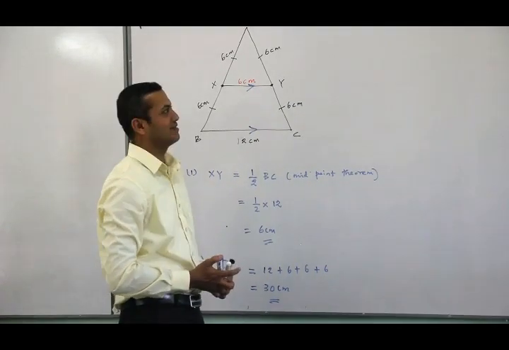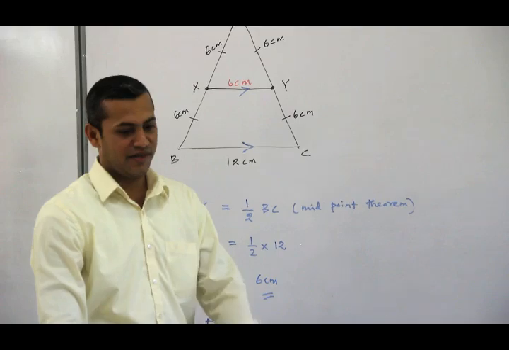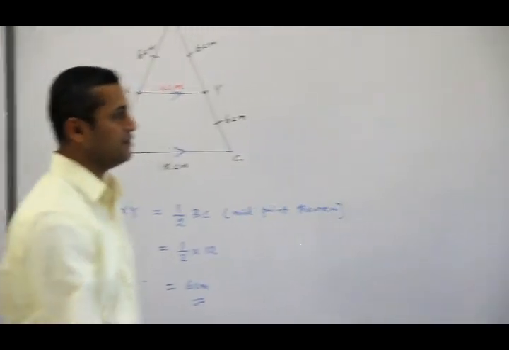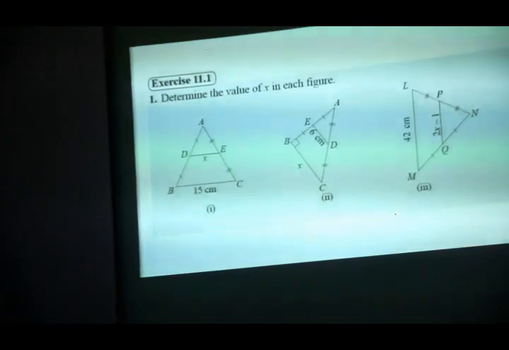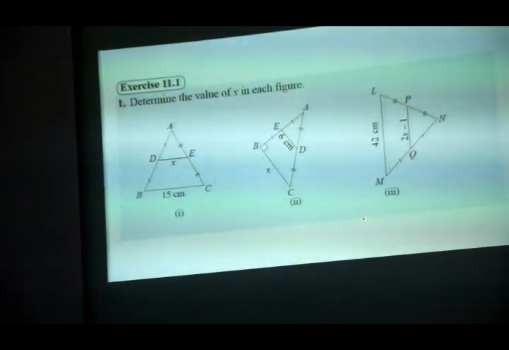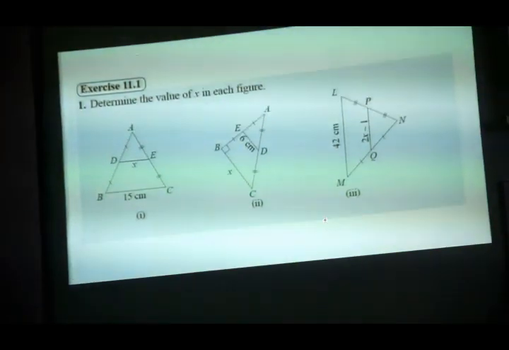We'll do some questions from the exercise. Take your textbook and go through the first exercise. The first one is to find out the value of x in each diagram. We'll do one by one. Look at the first diagram.